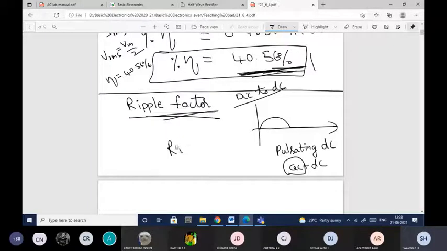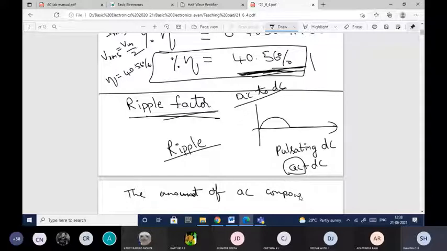The amount of AC component present in this pulsating DC is said to be the ripple. Ripple is nothing but the amount of AC component present in pulsating DC.